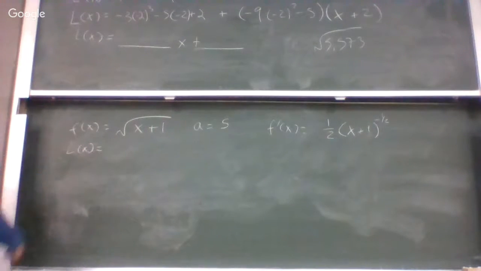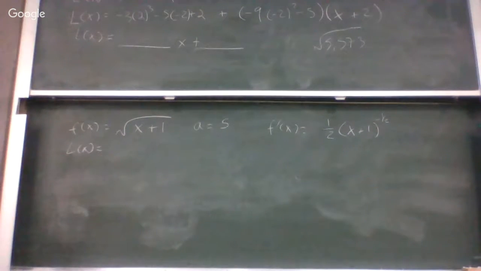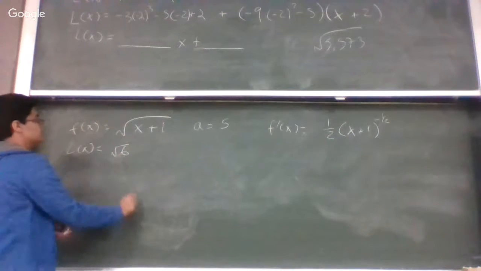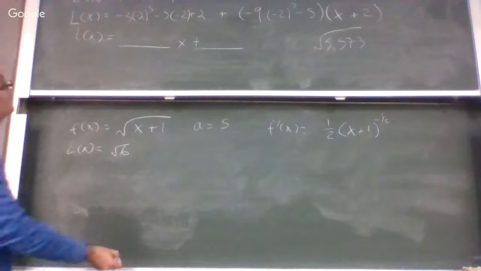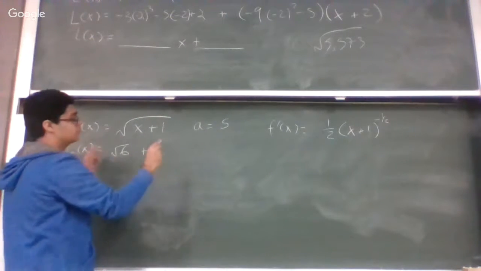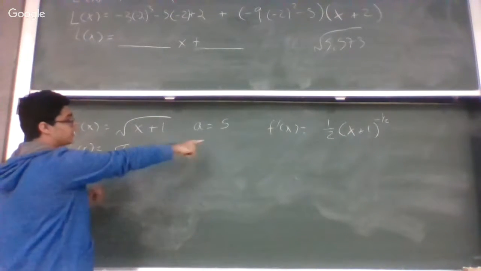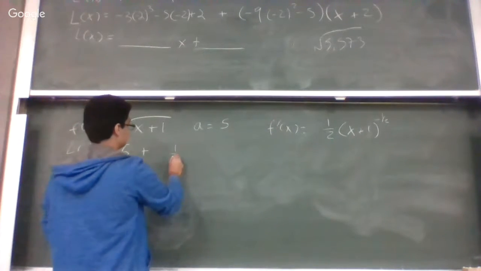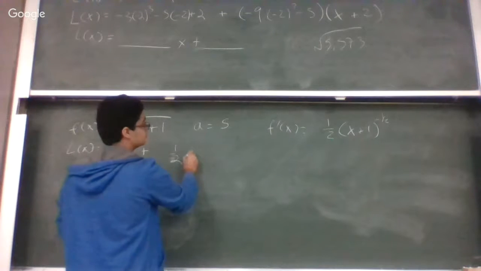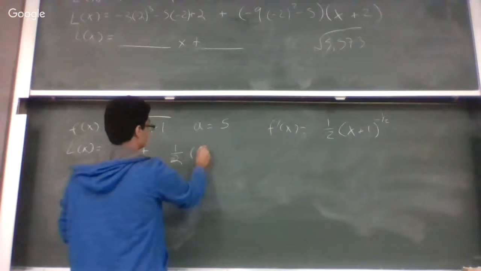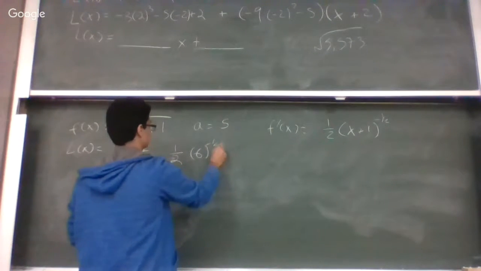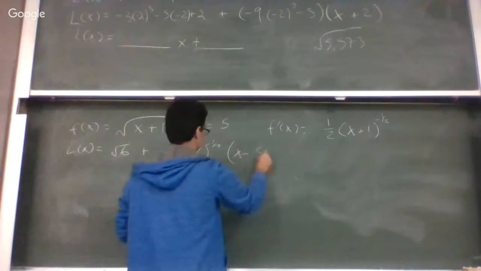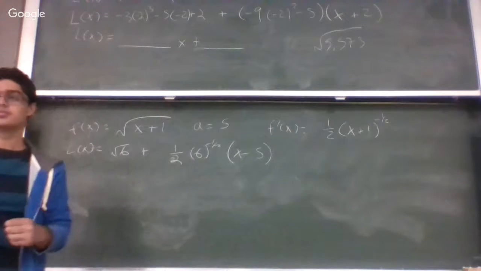Just plugging it in, we'd have f of 5 is the square root of 6, plus f prime of 5 into the f prime equation. That would be 1/2 times 6 to the negative 1/2 times x minus 5.